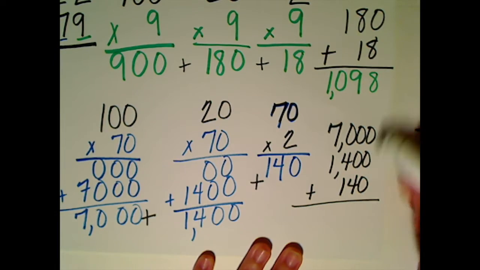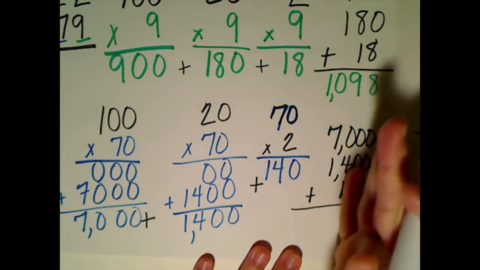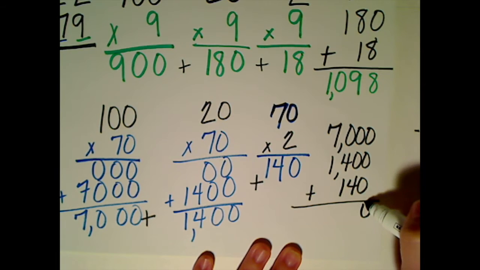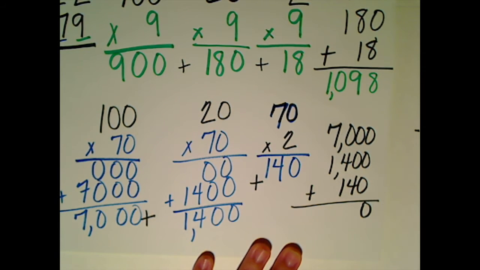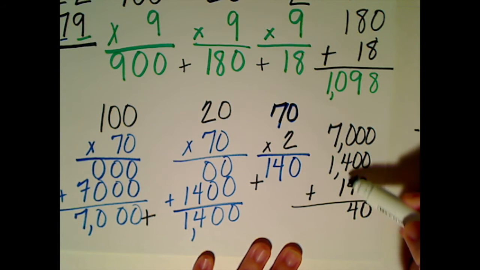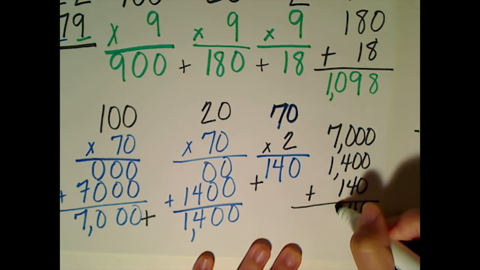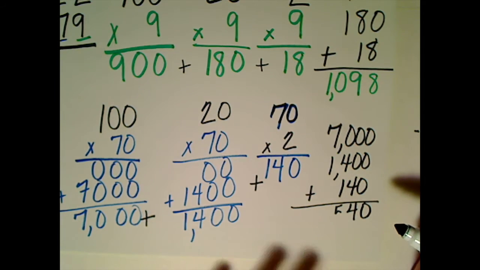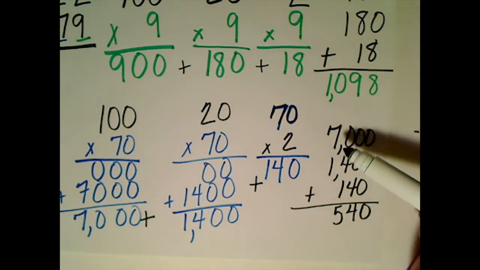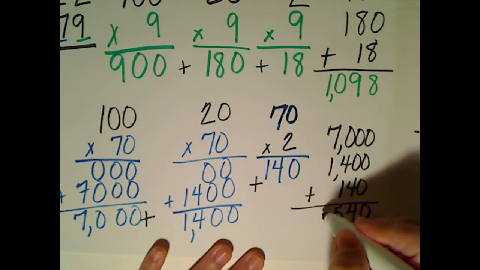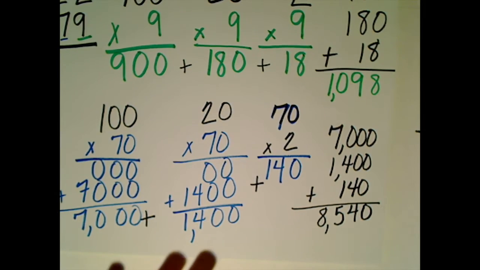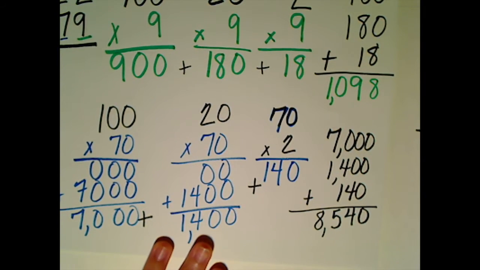Remember, when adding our digits, all the place values need to line up. 0 plus 0 plus 0 is 0. 0 plus 0 plus 4 is 4. 0 plus 4 plus 1 is 5. And 7 plus 1 is 8. So we get 8,540. Okay?